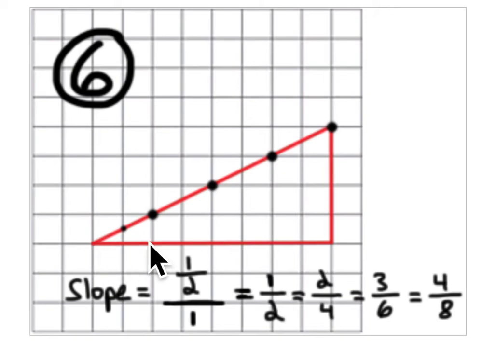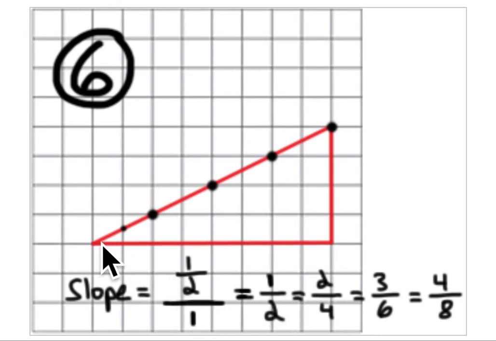So if I move 2 units horizontally, I'm going to move up 1 unit in a vertical direction. So 4 units horizontally, that means I'm only going to move vertically 2 units. 6 units horizontally, that means I'm only going to move vertically 3 units. So 1/2 is the same as 2/4, is the same as 3/6, is the same as 4/8, is the same as a slope of 1/2.